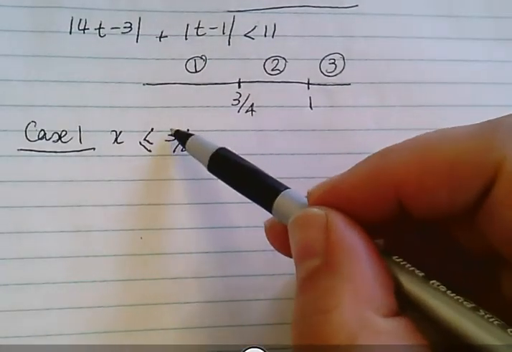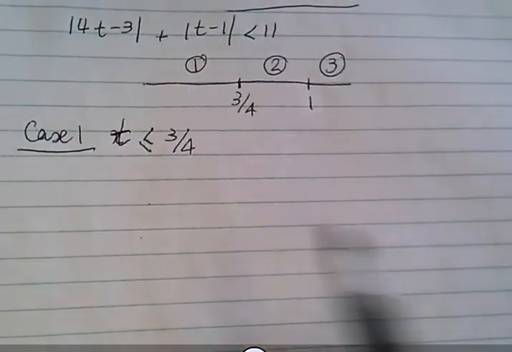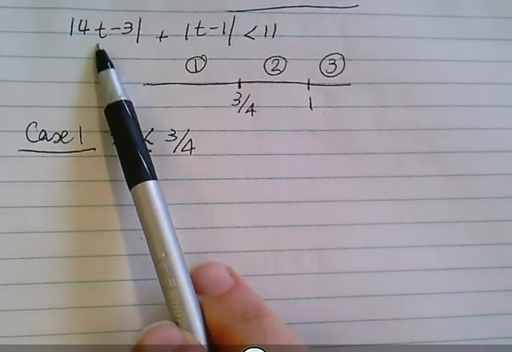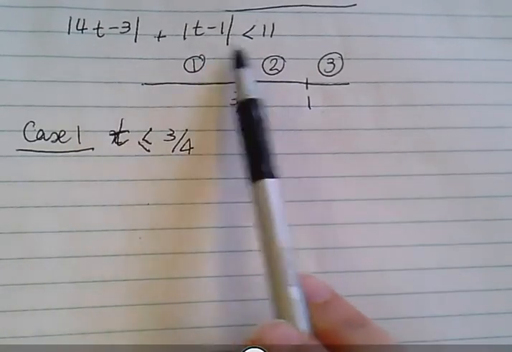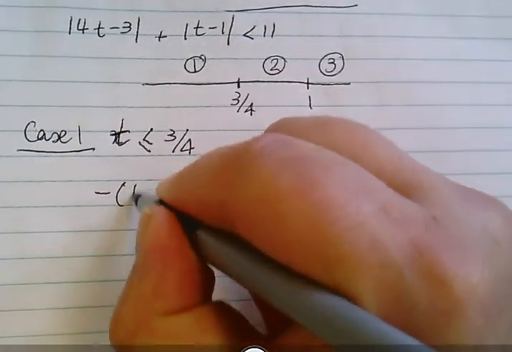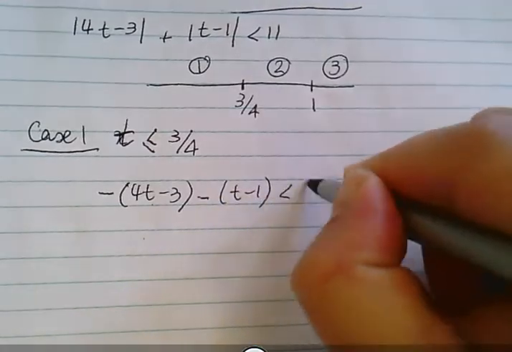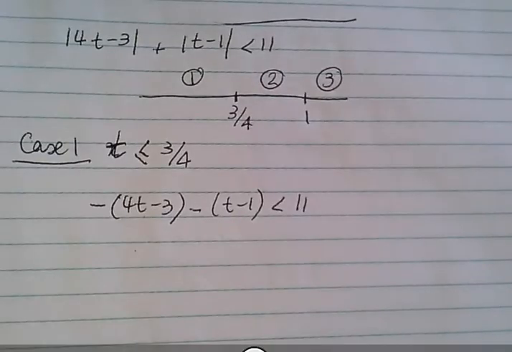So with the first one, for example, if t was 0, would this be positive or negative? What have we got? Negative and negative. So we would go negative bracket 4t minus 3 minus t minus 1 is less than 11. Notice I'm doing it with the less than in there, okay? Yesterday we did equals 11, and then we did part B where we looked at where it was less than, okay?